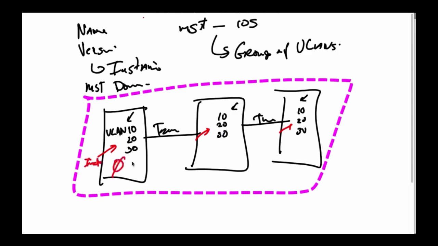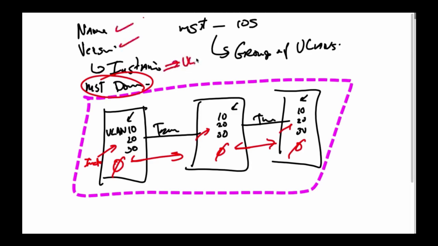Now by default, every VLAN on a system is immediately going to go in instance 0. Here's the caveat. The reason that every VLAN automatically goes into instance 0 is so that we can create this idea of an independent single MST domain. Because the name, the version, and the instance-to-VLAN mappings have to match.